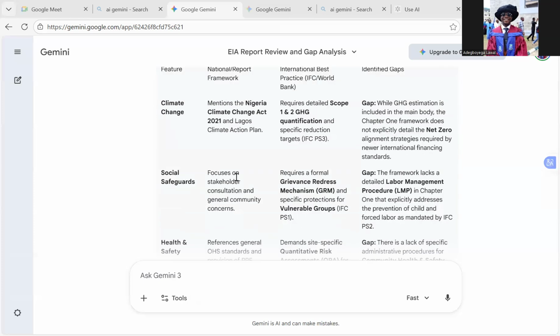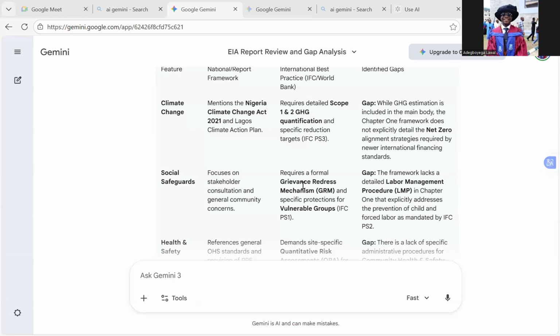Under social safeguards, the gap is that the framework lacks a detailed labor management procedure in chapter 1 that explicitly addresses the prevention of child and forced labor as mandated by IFC Performance Standard 2.